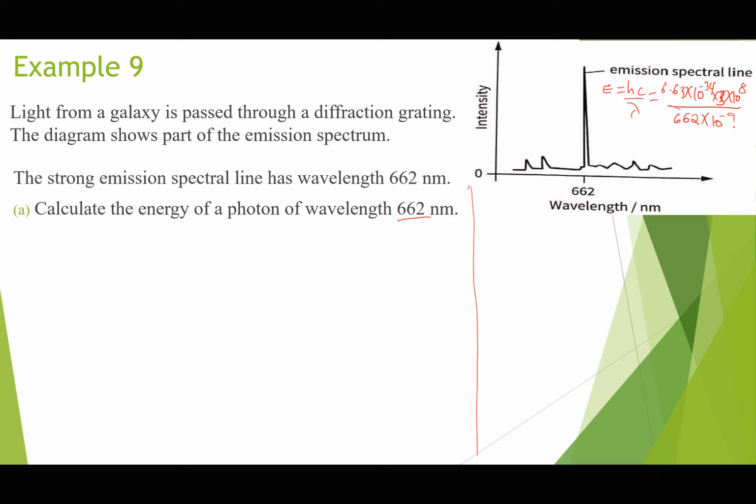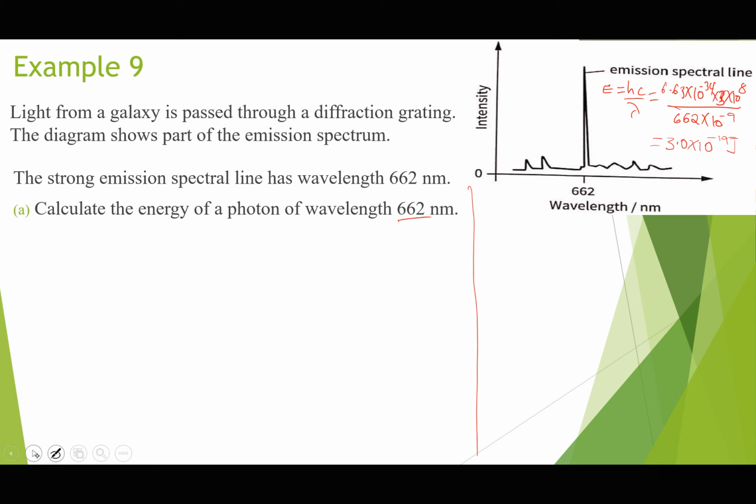So I press my calculator: 6.63 exponent minus 34 times 3 exponent 8 divided by 662 exponent minus 9. So the energy here in joules is 3.0 times 10 to the power of minus 19 joules.